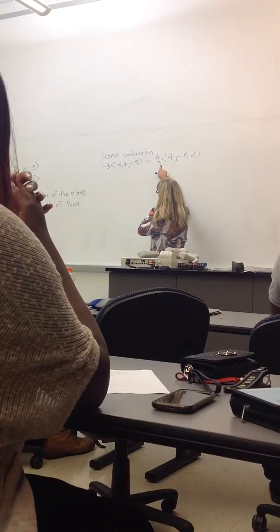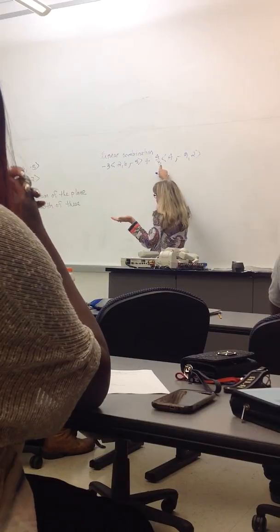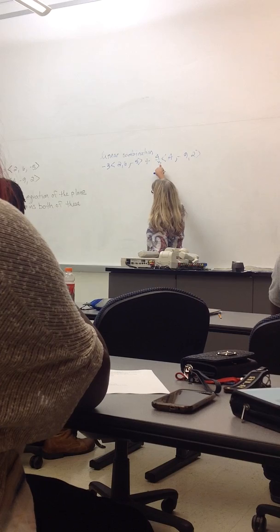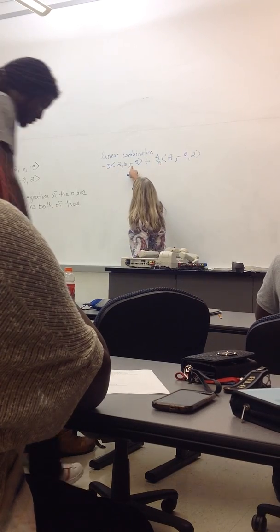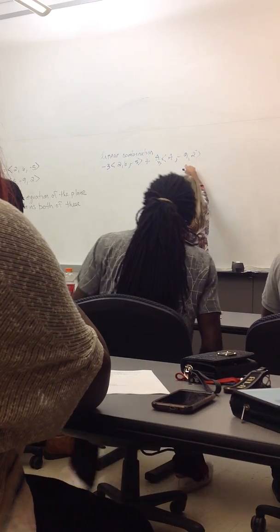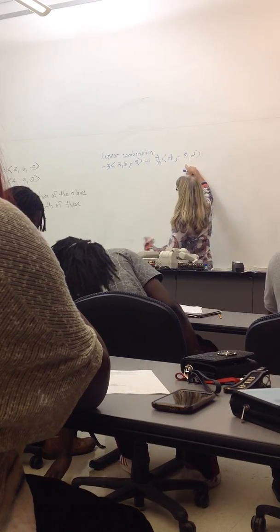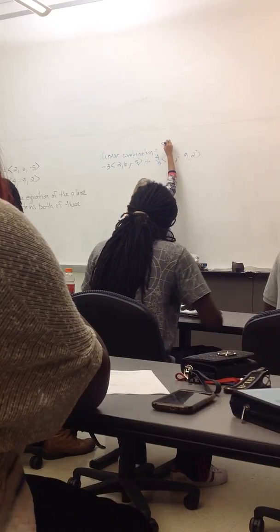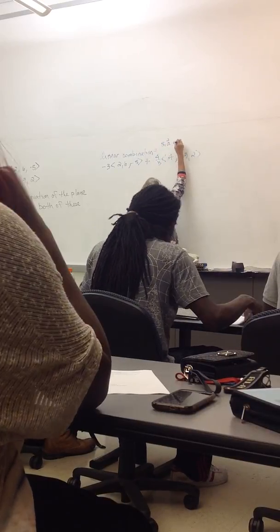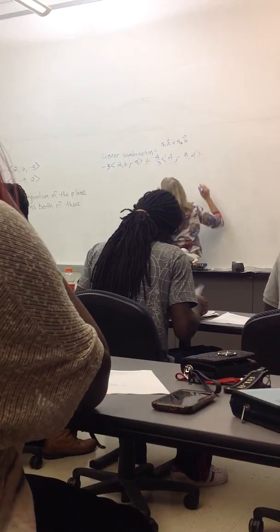This is some real number. They can be 0 for a linear combination. It's some real number times one vector added to some real number times the other vector, which would be a linear combination of your two vectors. So it's some scalar times vector 1 plus some other scalar times vector 2.